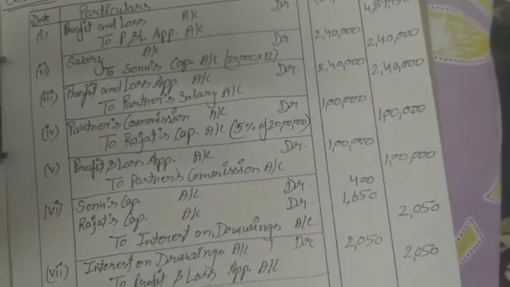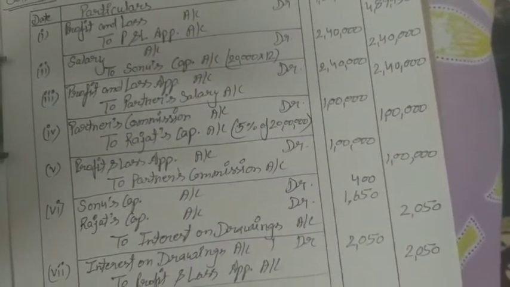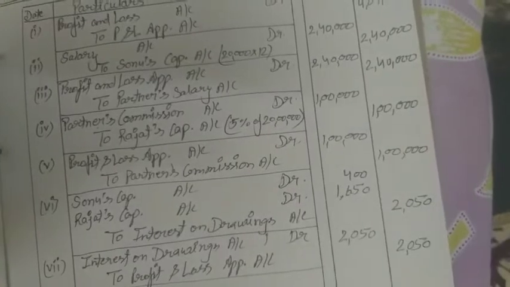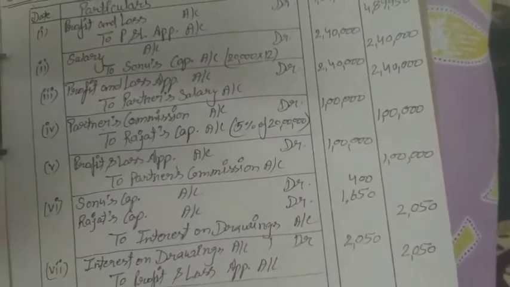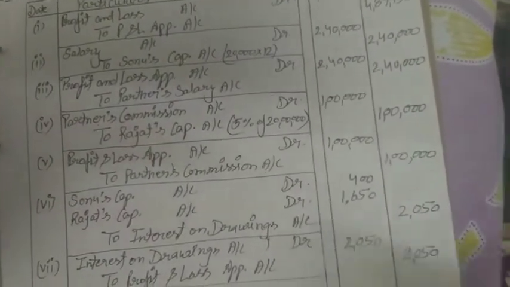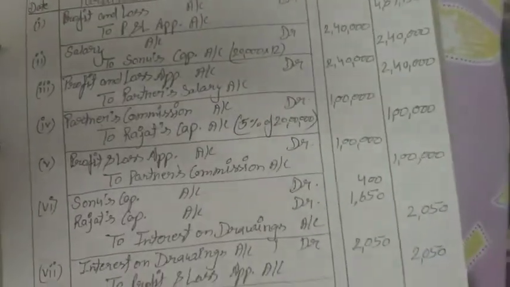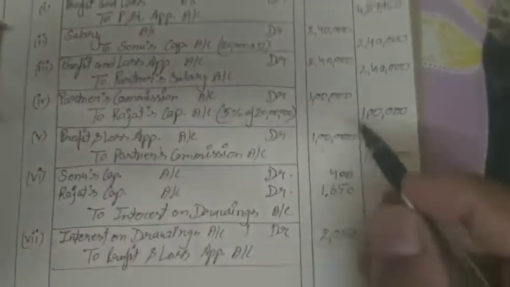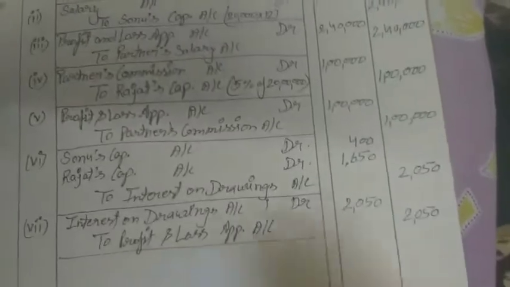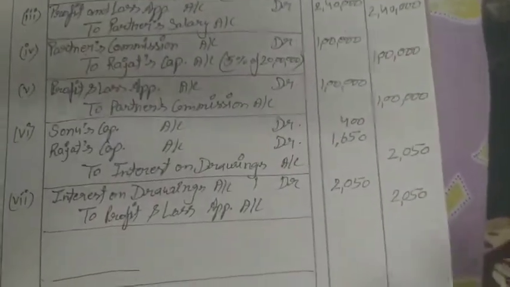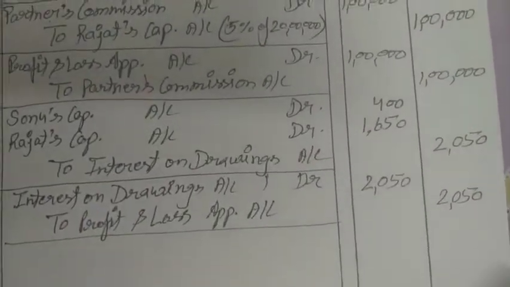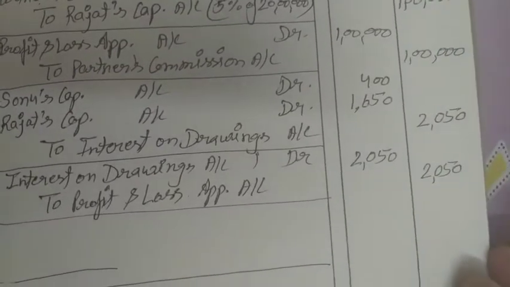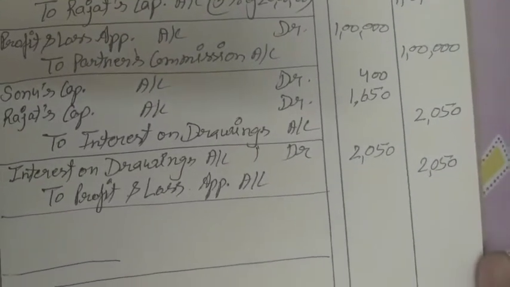Then that balance journal entry we have to pass in the books, and that balance is transferred to the partners' capital account also. So if we calculate this, there will be a final balance of rupees 40,000. Okay, the balance will be 40,000.